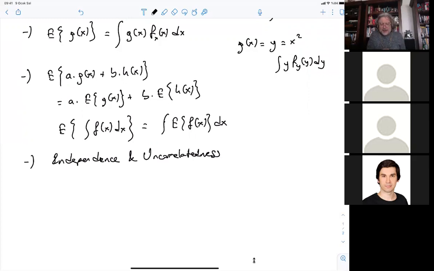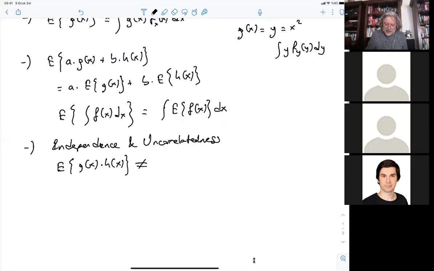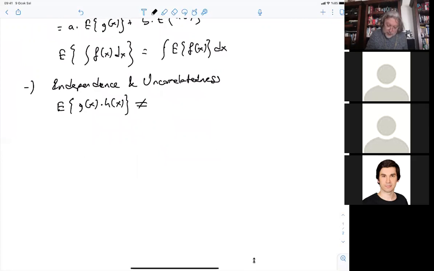So what is independence and what is uncorrelatedness? First, I will start with this inequality. Expected value of g of x times h of x is, in general, as a formula, not equal to expected value of g of x times expected value of h of x.